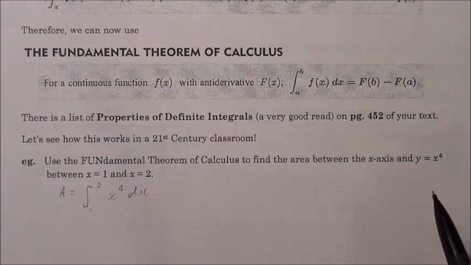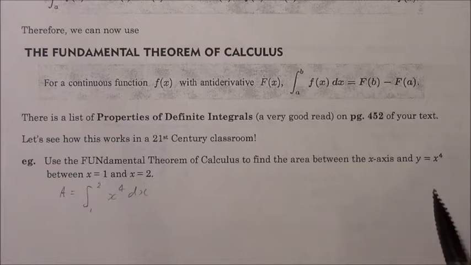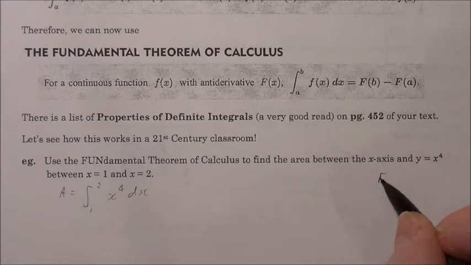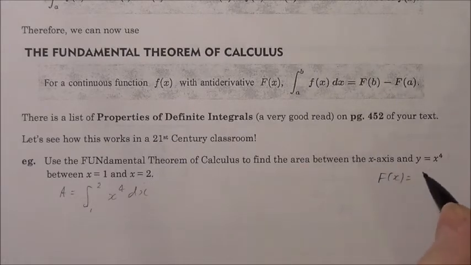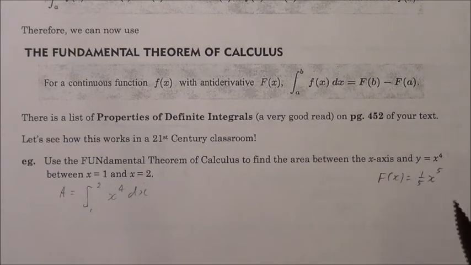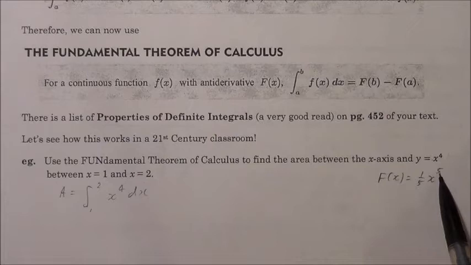Well, what's the antiderivative of x to the power 4? Well, the capital F of x is 1/5 x to the power 5. Right? So if we take the derivative of that, 5 times 1/5 just gives us 1, that coefficient, and we subtract 1 from the exponent to give us 4.